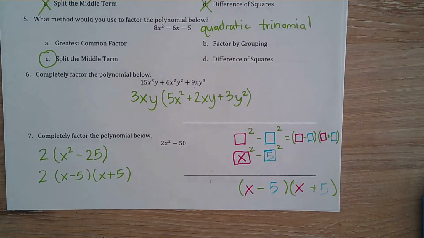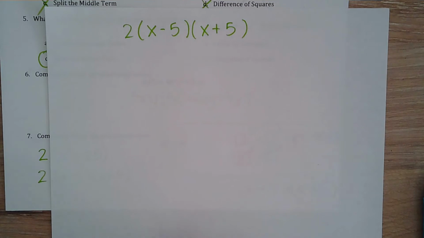All right, so if that process confuses you guys, it's just formulas. I'll provide that formula for you guys on the test. But remember, if we multiply this out, we should get back our original equation. So just as an exercise, I will show you guys that right now.